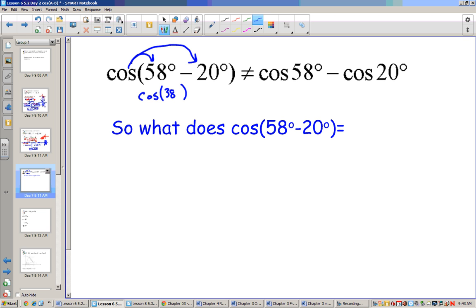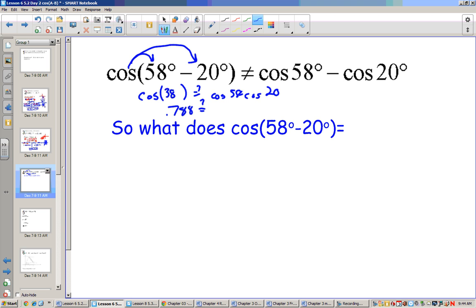So if I take the cosine of 38 degrees, I have to make sure my calculator's in degrees, it is 0.788. Now we want to see, does this equal cosine of 58 minus cosine of 20?